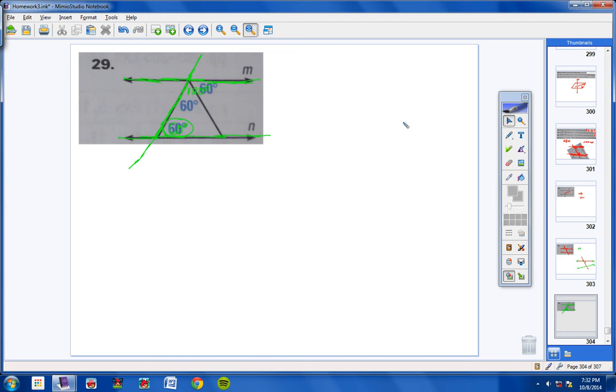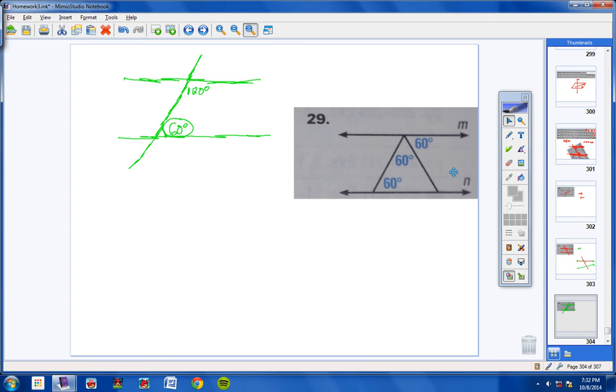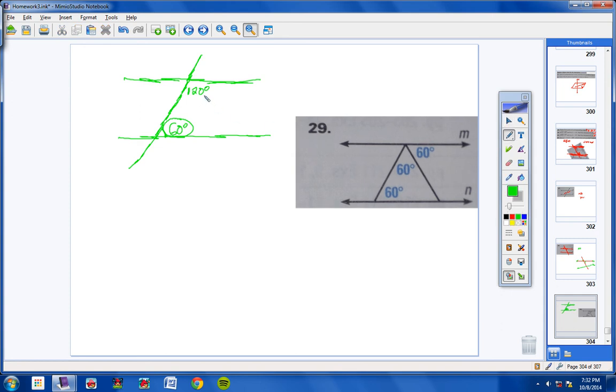Now I'm going to slide this out of the way and watch what I have. Look at that. Now watch, students. I have two lines cut by a transversal in such a way that what? What do we call these two angles? They're both on the right side of the transversal. They're both interior angles. We call those consecutive interior angles. And what did we learn?